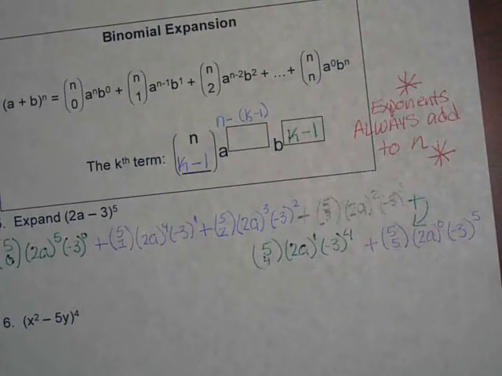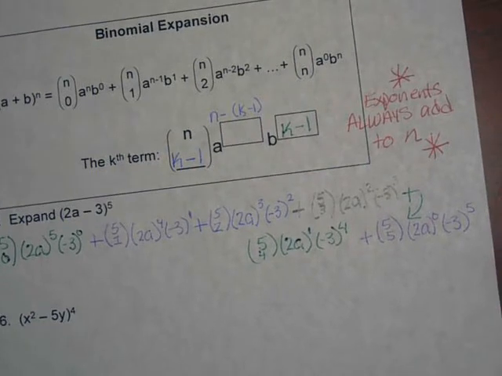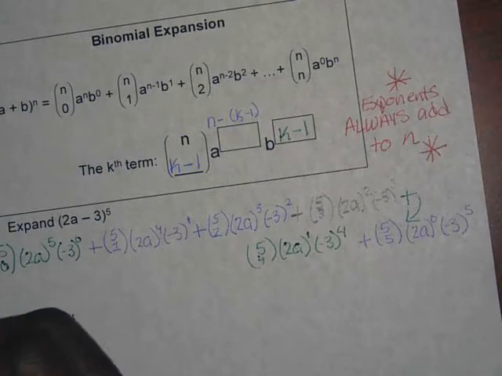Now, we have to multiply all of this out, which is simple multiplication, so it's not bad, right?